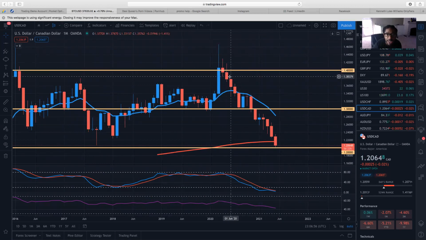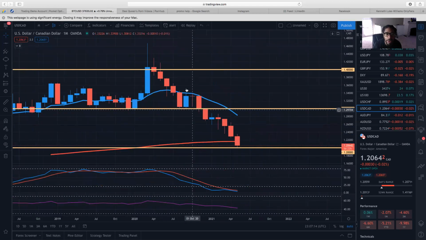So April, May, June, 2020, July, August, September, October, November, December, January, February, March, April, May, all the way right into now, right? So from April of last year to May, price dropped from $1.40 all the way to $1.20. By us knowing this, we would have been looking for nothing but sales, guys.